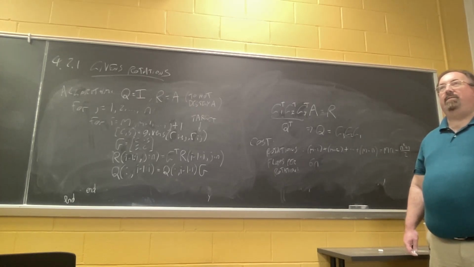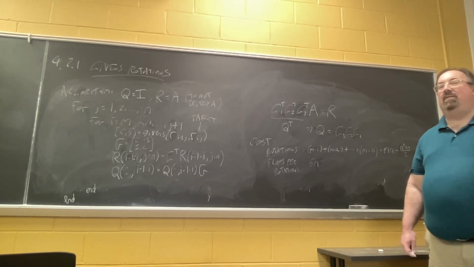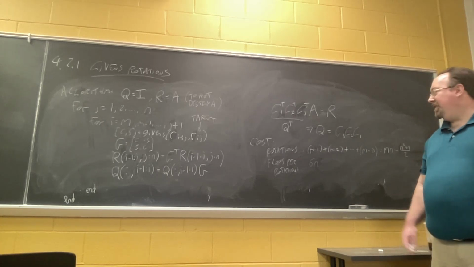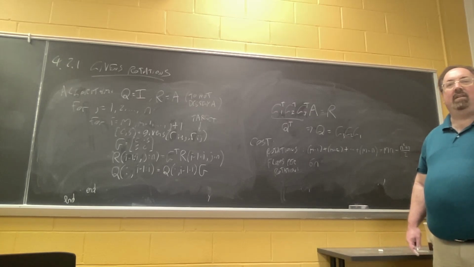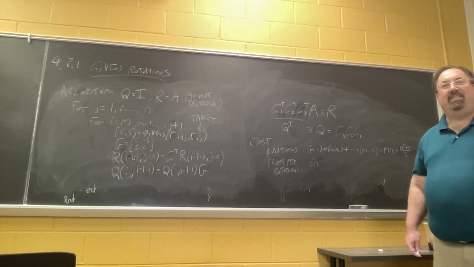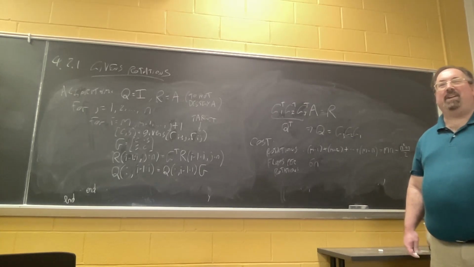So 3 flops per entry, and then again for the other row, a different linear combination. That sounds about right. But you would still have to consider the operations to get C and S. That would take like 6, so order 1 per rotation, so I'm not going to think about it.